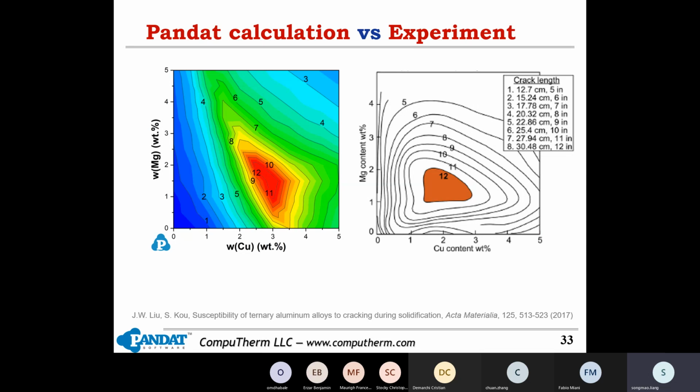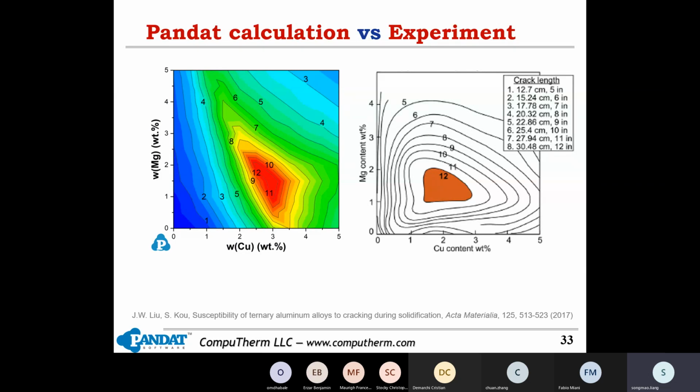We can do all these calculations with a simple composition setting, and through the high throughput calculation result analysis, we can generate the CSI of each alloy directly and produce this contour map very easily. So this is an example of how to use Panda to simulate hot cracking.